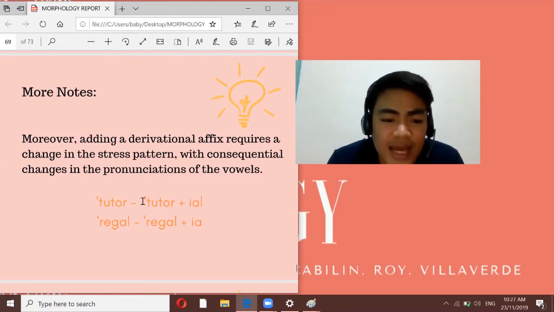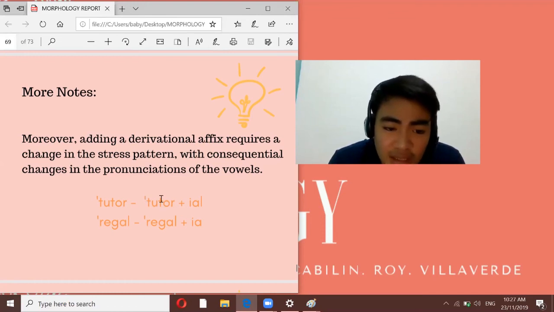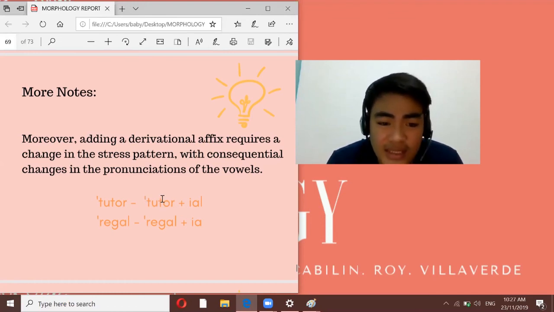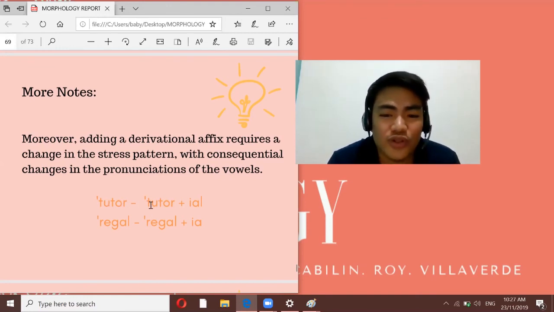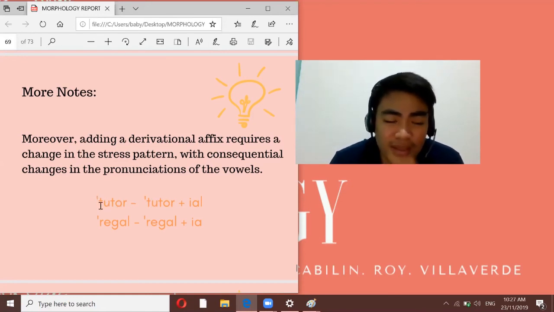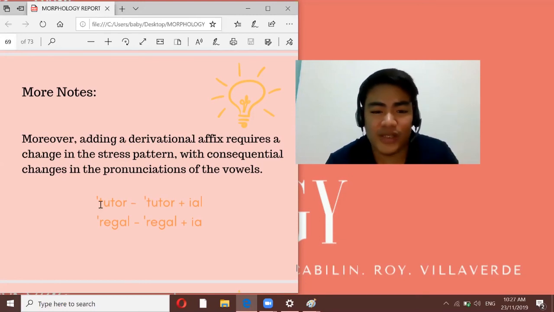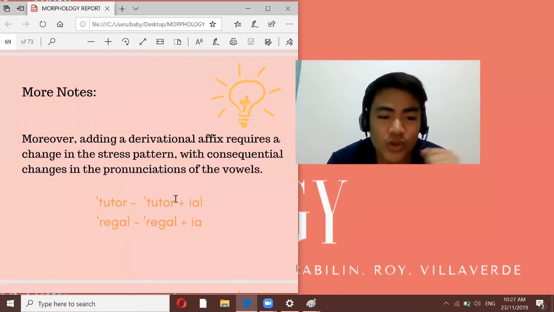Sorry, the slide shows something wrong. The stress should be moved to the second syllable. All right, so from tutor to tutorial, the stress moved from the first syllable to the second syllable.